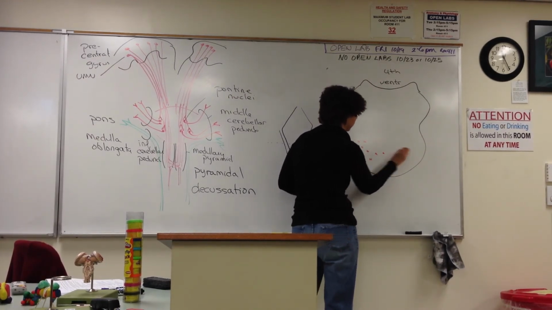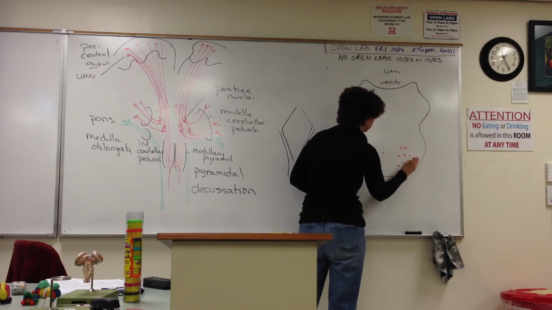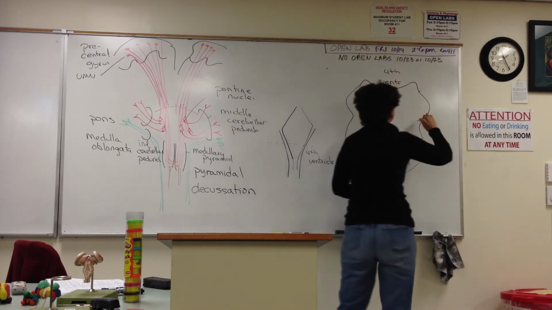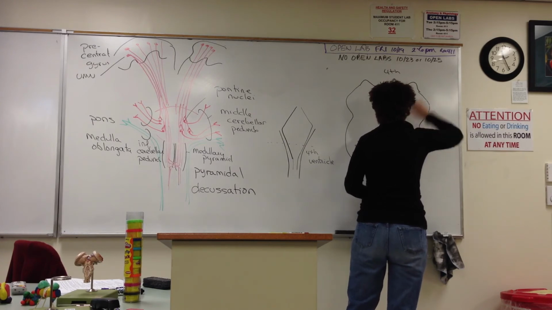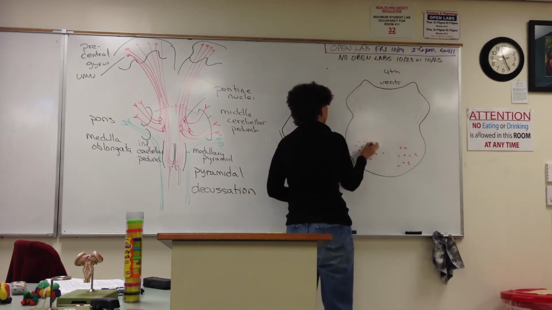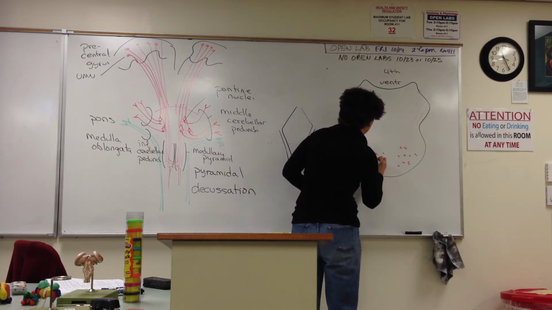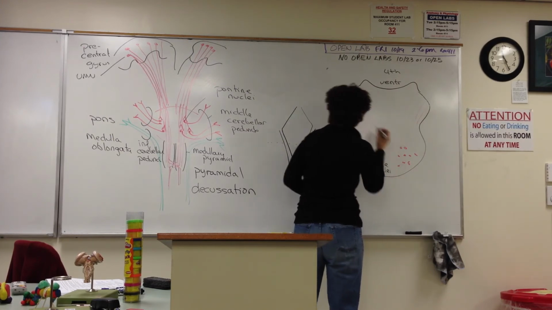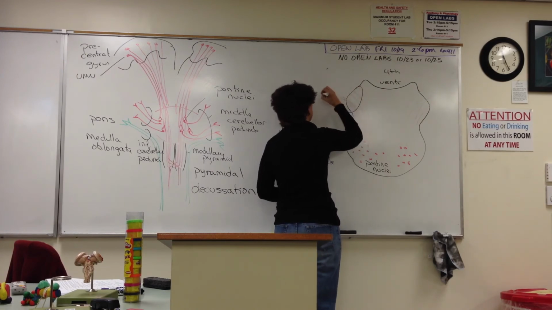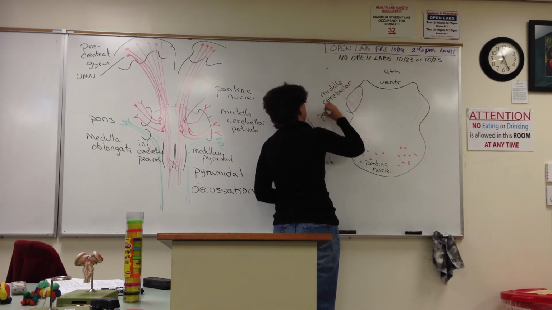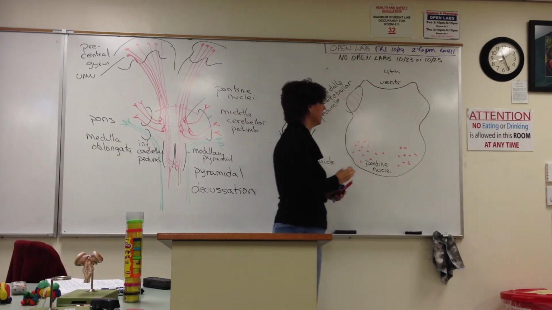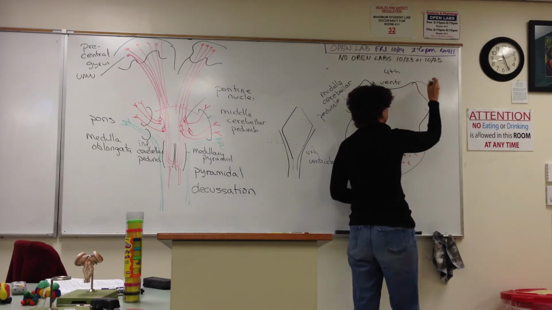Cell bodies of fibers that are going out the middle cerebellar peduncle. And the descending fibers are just going to go right on through. Okay. And same thing here.